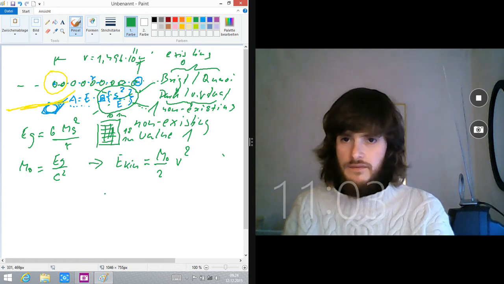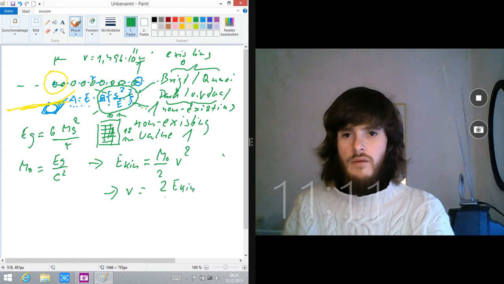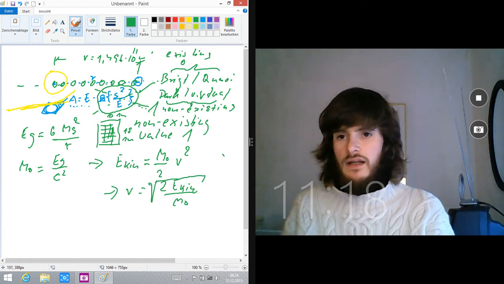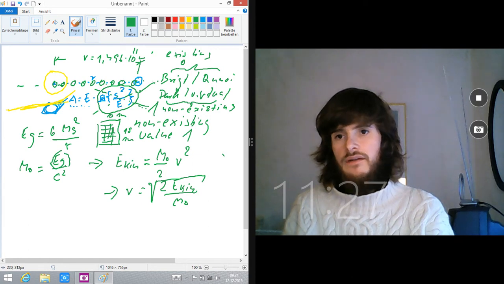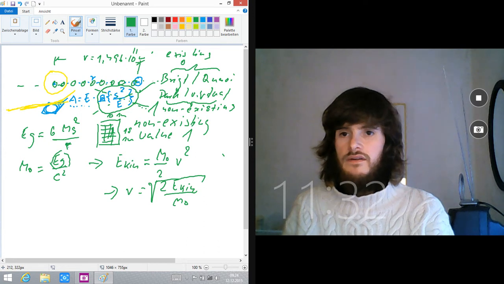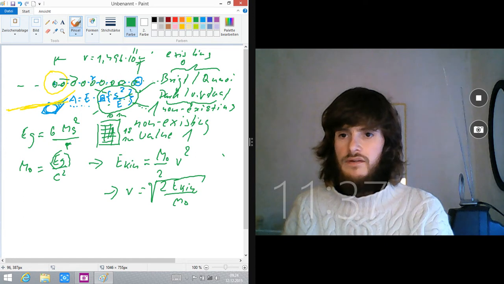Okay, then we get V is 2 times E kin by m0. So we will see that m0 gets as low as the gravitational energy, and as larger the radius from here to here gets, as lower the mass here gets.